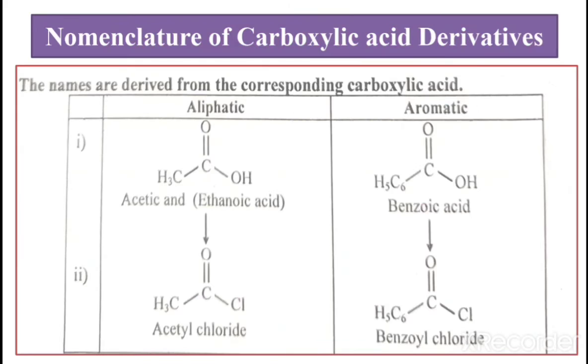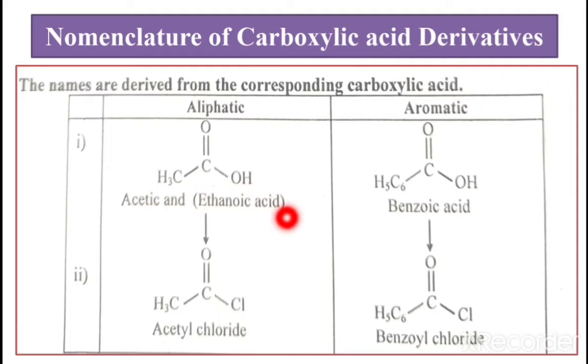Now then, the next point is the nomenclature of acid derivatives. The names are derived from the corresponding carboxylic acids. Here in the table, this is for aliphatic and this for aromatic. Here CH3-C=O-OH is called acetic acid or ethanoic acid. Simple, two carbons, acetic acid.